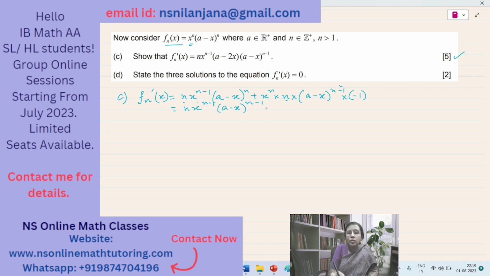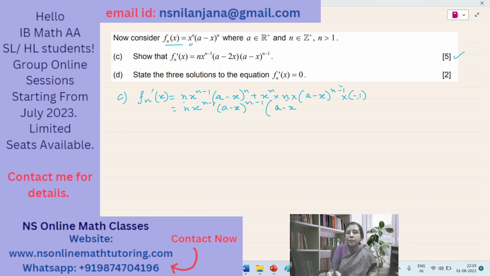So what will be within the brackets? From the first term, n times x to the power of n minus 1 has been taken out. And this is (a minus x) whole raised to the power of n, but outside we are having (a minus x) to the power of n minus 1. So 1 (a minus x) will be inside the bracket.